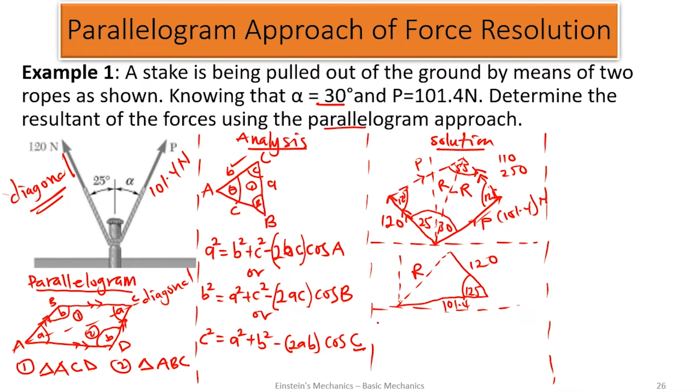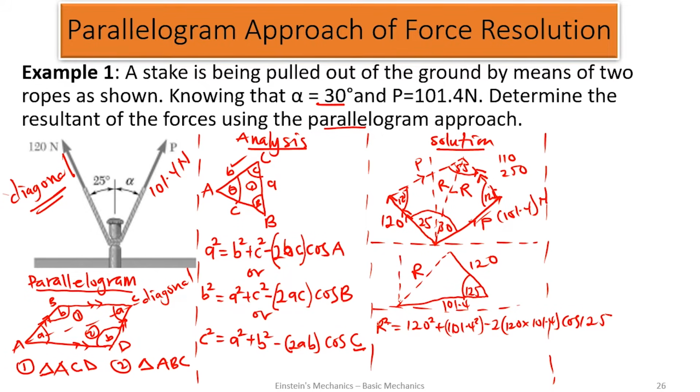Then R squared will be equal to 120 squared plus P, which is 101.4 squared, minus 2 times 120 times 101.4 cos of the angle between them, 125. And I'll get my resultant.